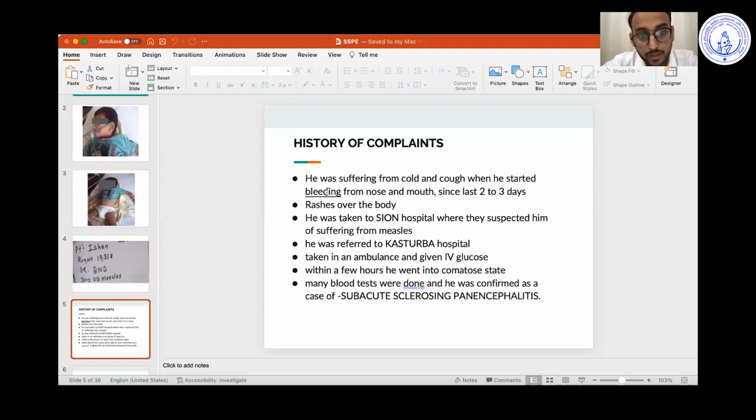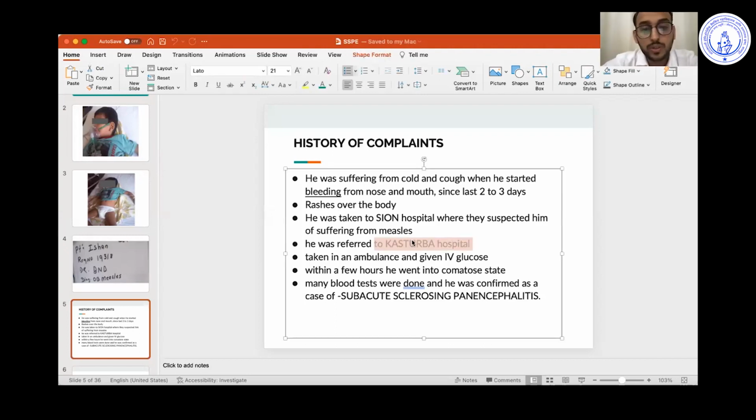They asked the parents to shift to another hospital, Kasturba Hospital, which is a highly infectious disease hospital where all the cases of infection get admitted under the government. The patient was taken by ambulance from Sion Hospital to Kasturba Hospital, and IV glucose was already going on because they could suspect that the child could become critical anytime.